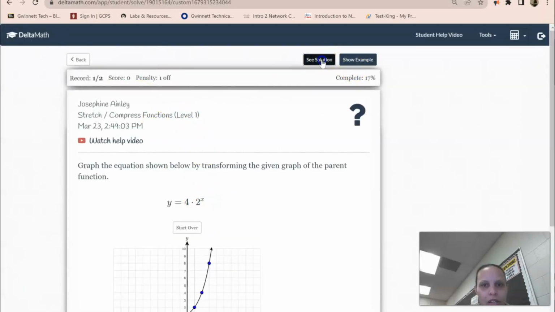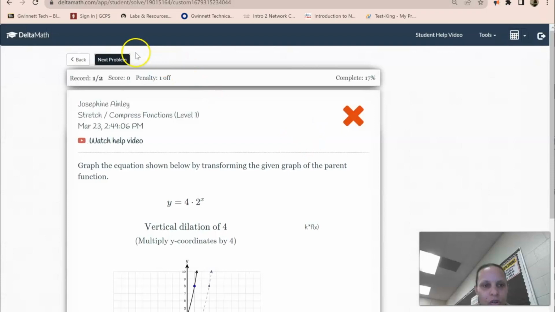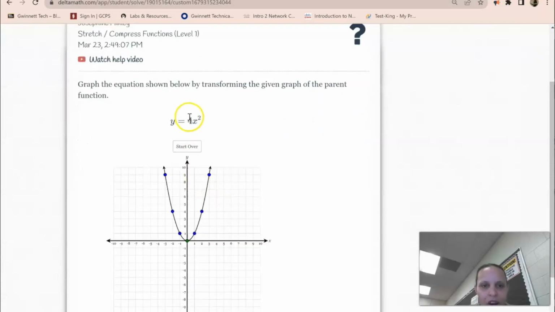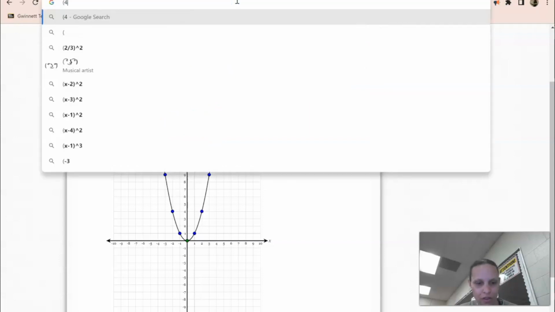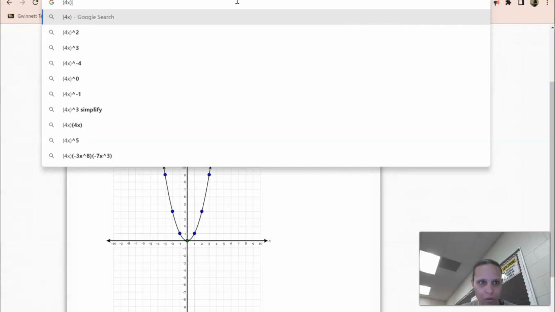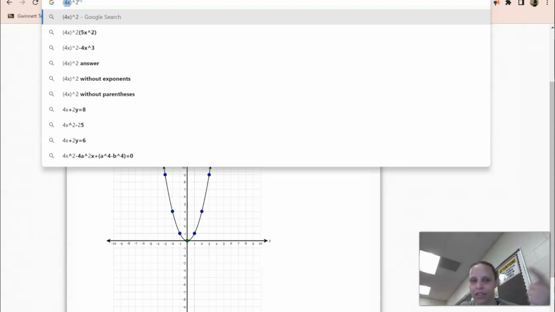So let me do an example of one of the functions that we're going to see like this. Let me assume that instead, it's actually inside the parentheses. It would look like 4x in parentheses, then squared. So it's inside the parentheses, so it's x and opposite. Opposite of whatever you think in the x direction.